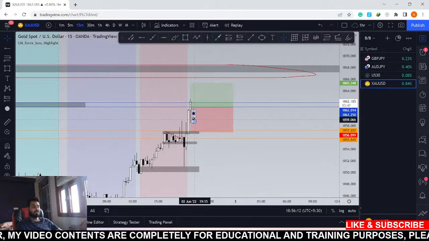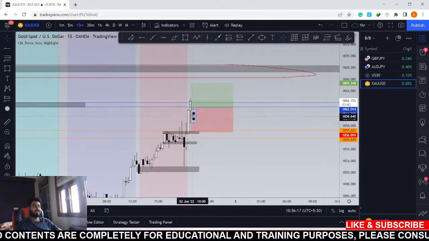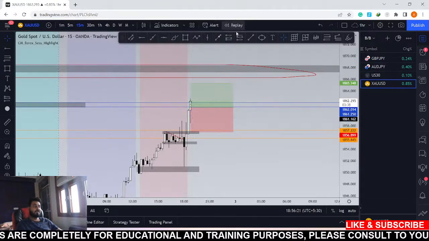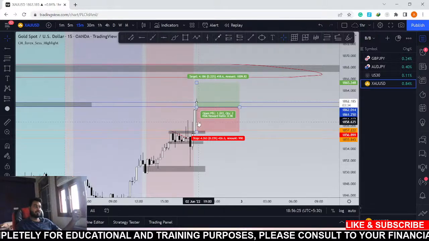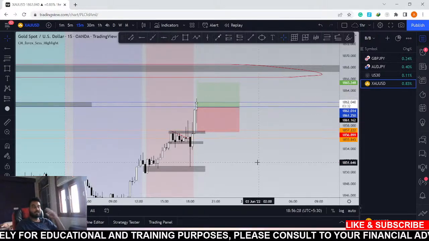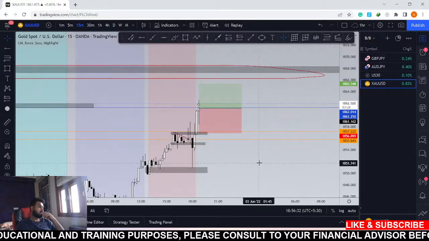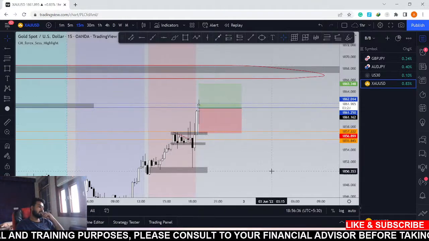Then you can just minimize your risk and close your entry. There is no need to stay in this trade after this. But don't hurry to close the trade, wait for at least the 15-minute candle to close, because sometimes it does happen that it will come down like this and just retrace all the way up.